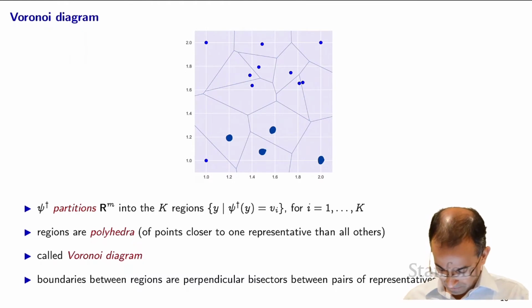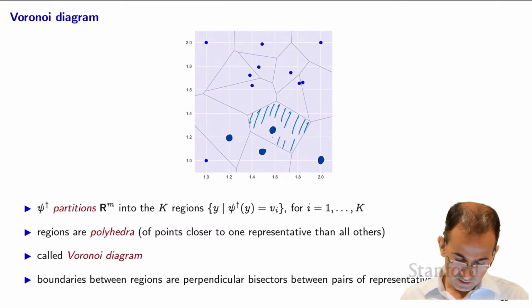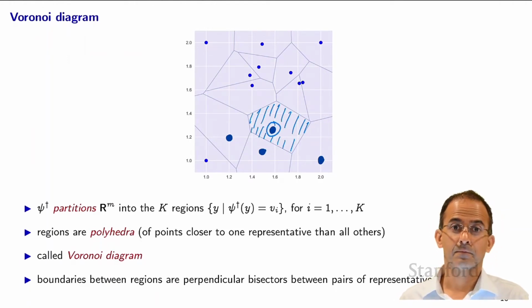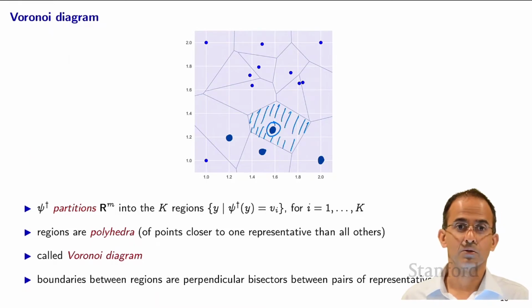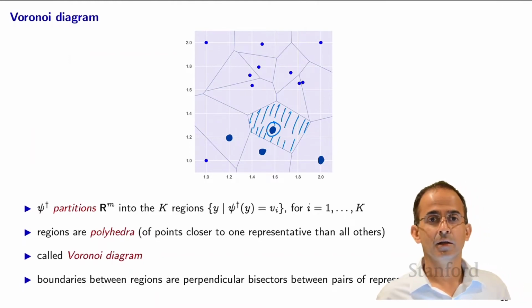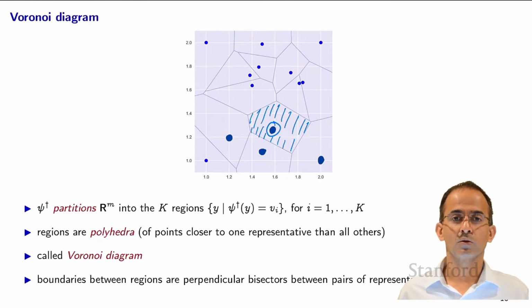In particular, this region right here is the set of points for which the closest blue dot is the one in the middle. That means that if y hat is in that region, I will return the representative corresponding to that blue dot. And as we saw with the nearest neighbor classifier, the regions corresponding to each representative are polyhedra.